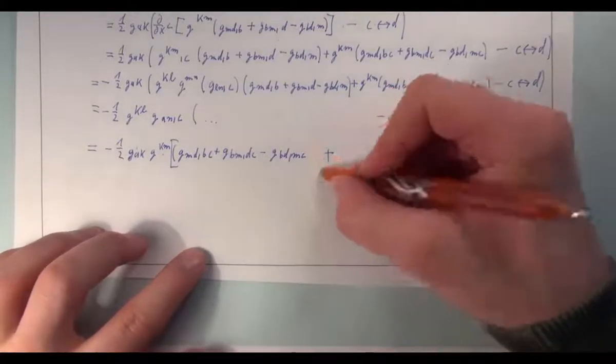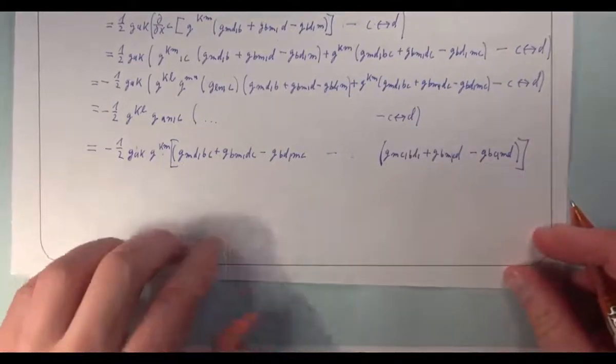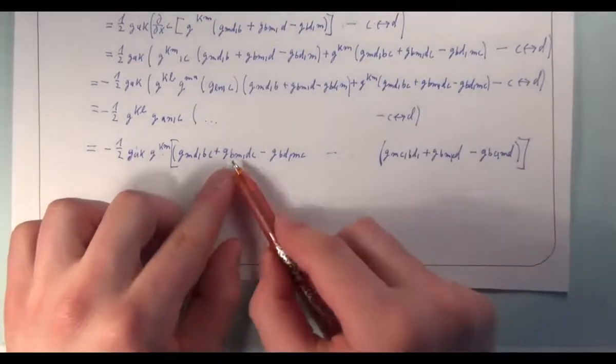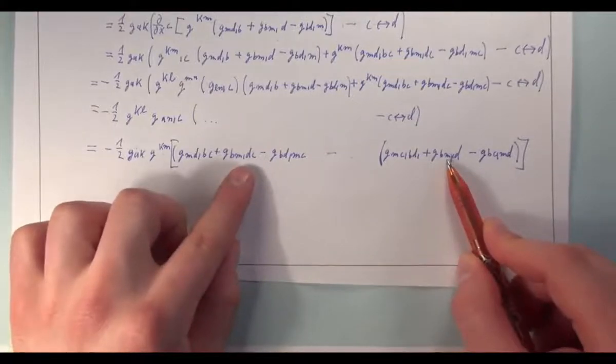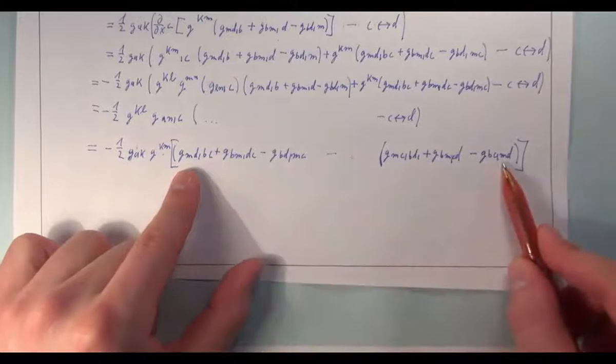And here has to be a minus sign as well. Okay. Now I look closely and I see that this term vanished with this term, and only this and this term survive.